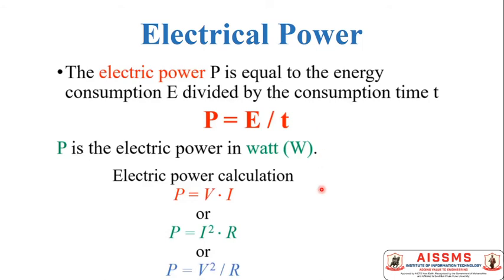We can also calculate electrical power as P is equal to V into I. As per Ohm's law, V is equal to I into R. Therefore, another formula for power is P is equal to I square R. As we know, as per Ohm's law, I is equal to V upon R. Therefore, another formula for power is P is equal to V square upon R.